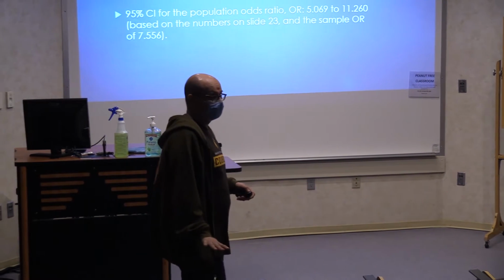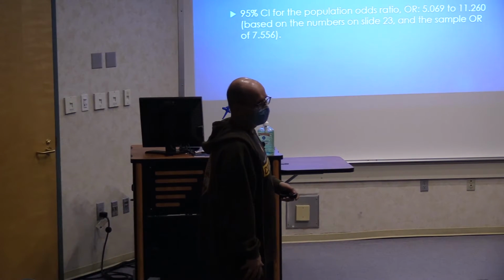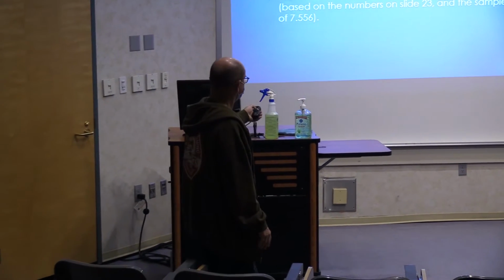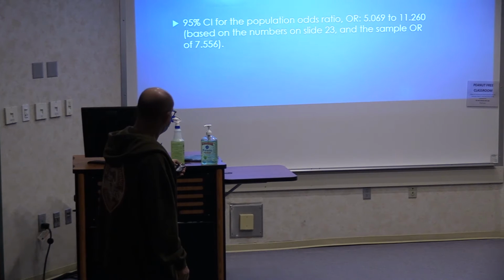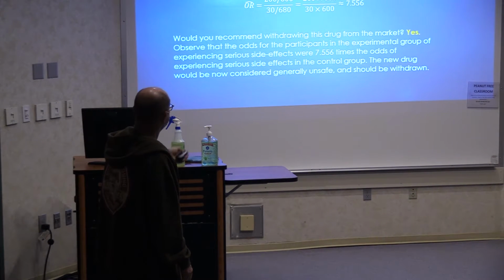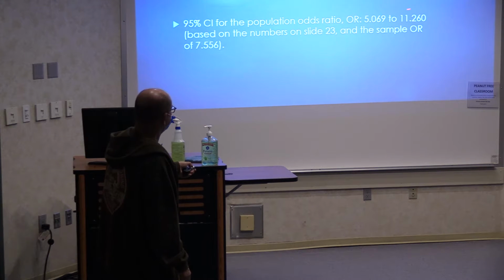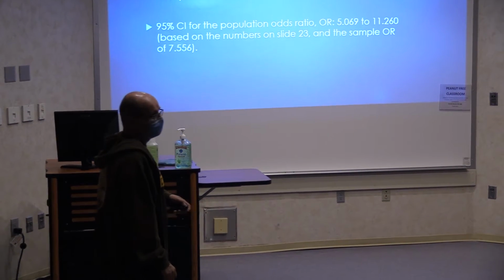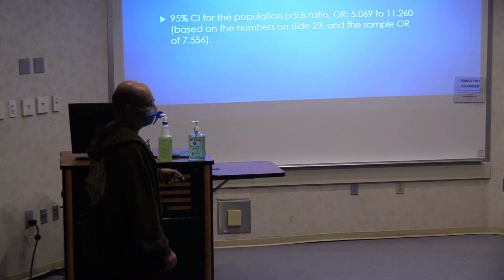I don't want to see 1 in my confidence intervals, because that will tell me there is no association between what you are doing and what's happening out in real life. For the odds ratio, remember our result was 7.556. The confidence interval is 5.069 up to 11.26, and that's a result that I would worry about quite a bit.